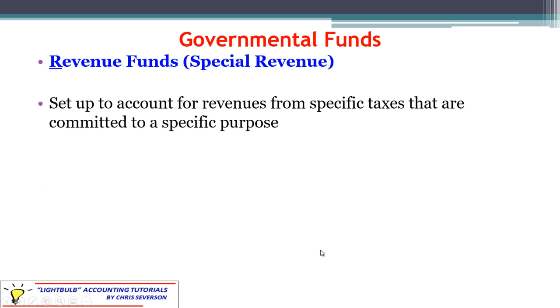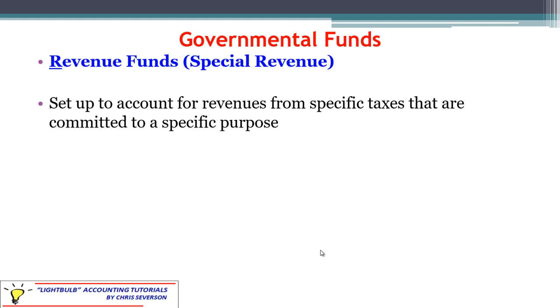The special revenue funds. So, special revenue really tells you everything there is to know about it. It's set up when there is a specific revenue source that is supposed to be used for a specific purpose. Now, I want to mention that if it's not required to be put somewhere else. There are some of these classifications that you could argue one particular transaction type could arguably fall into two or three of them.